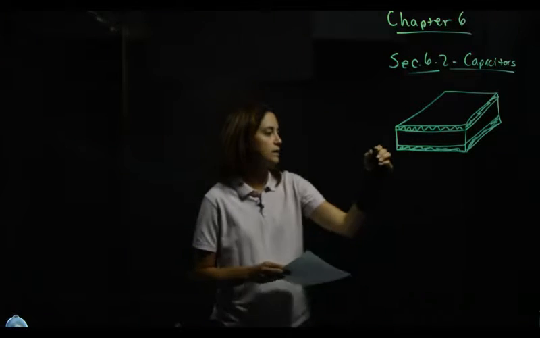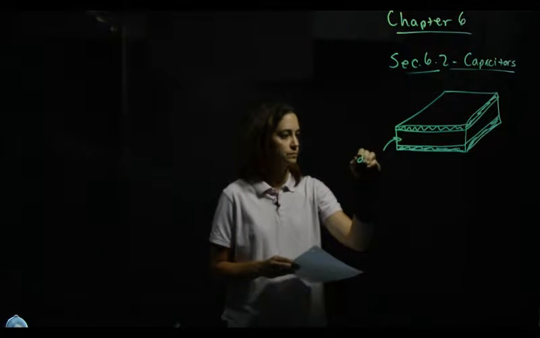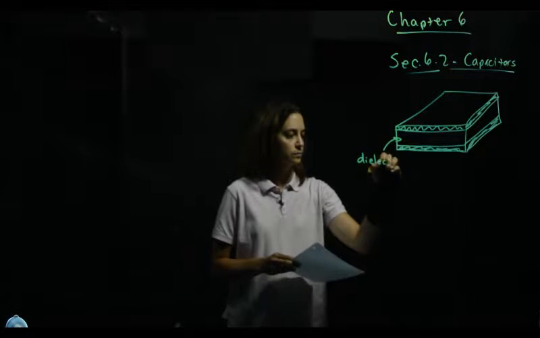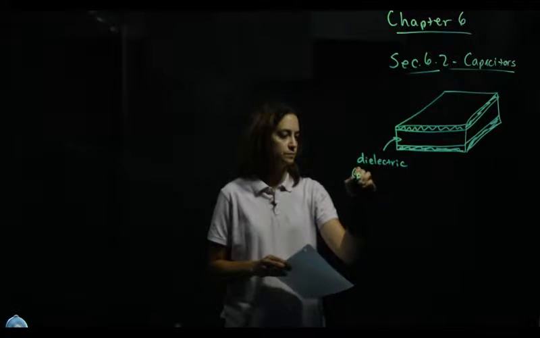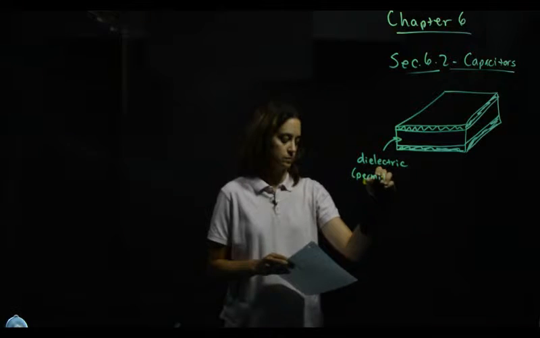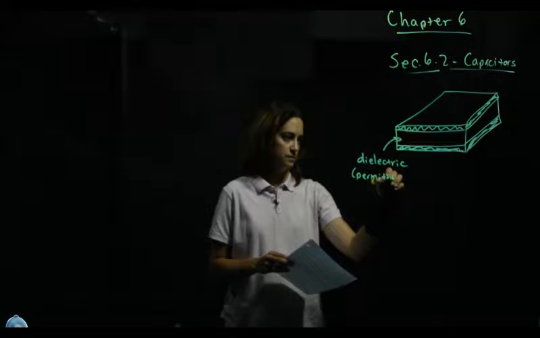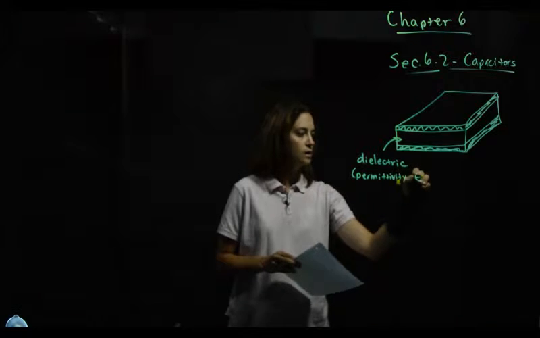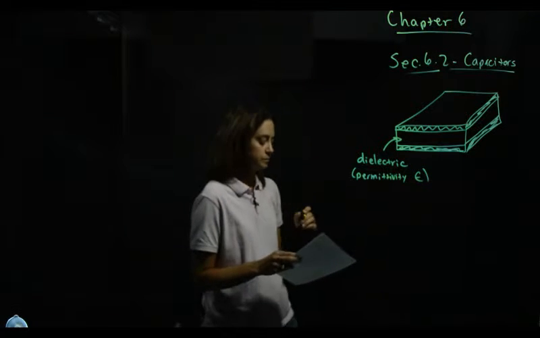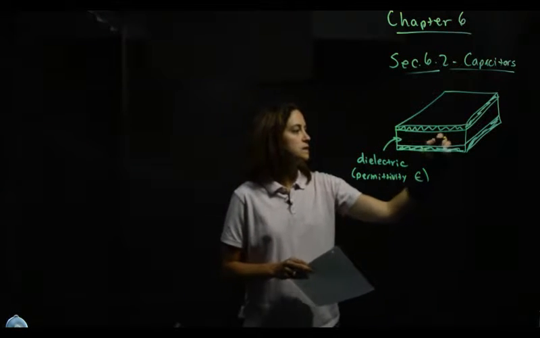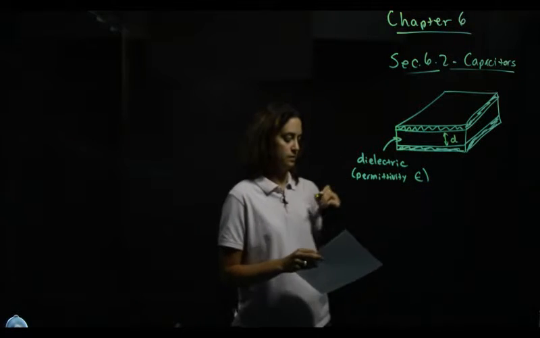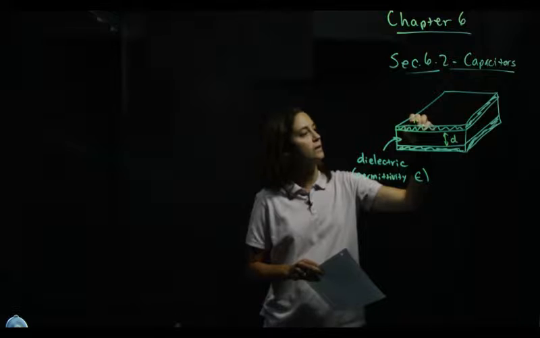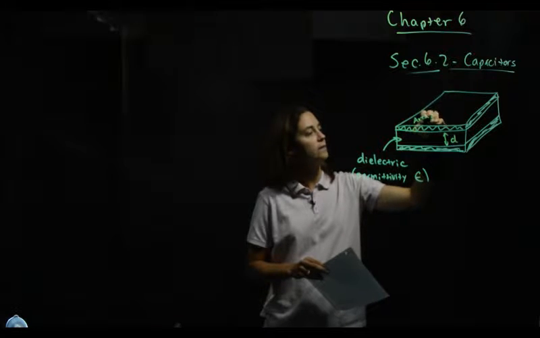So in the middle here, we have a dielectric, and it has a permittivity, I'm not sure that's spelled right, of epsilon. The two plates are distance d apart, and we have an area A.